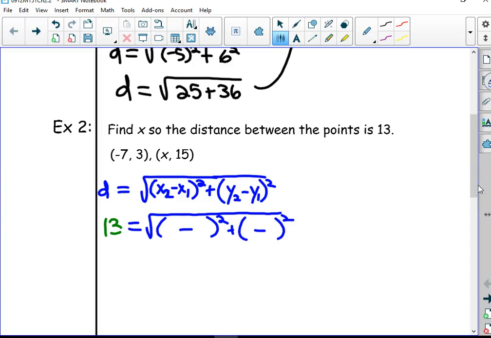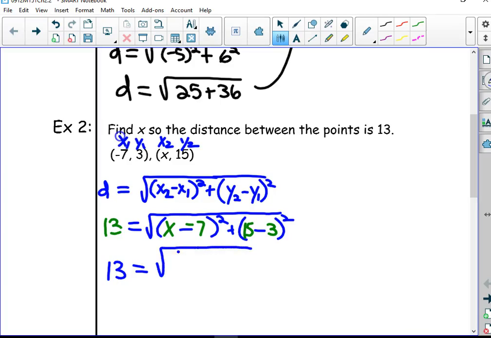Be a good idea to label our points. And now we finish substituting. All right, so we get 13 is equal to the square root of x plus 7 squared plus 15 minus 3, which looks like 12 squared.